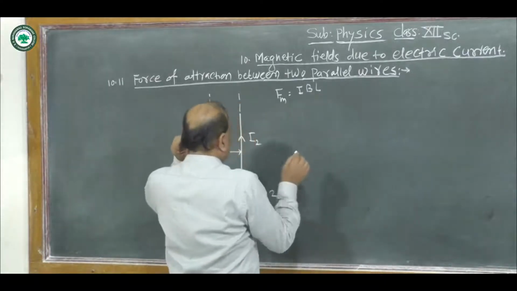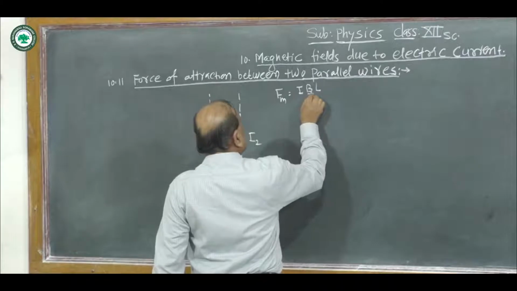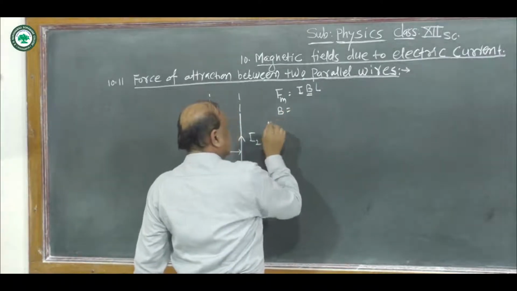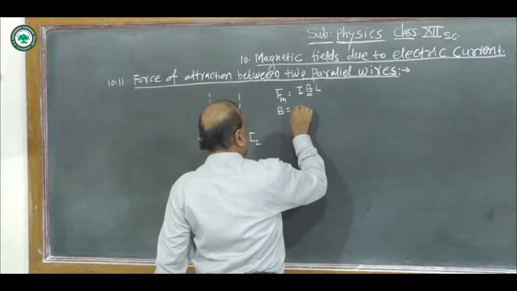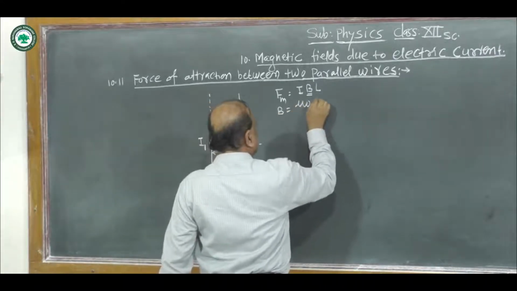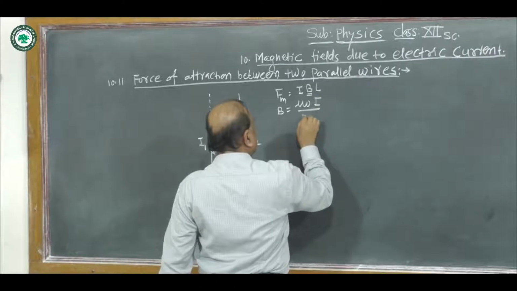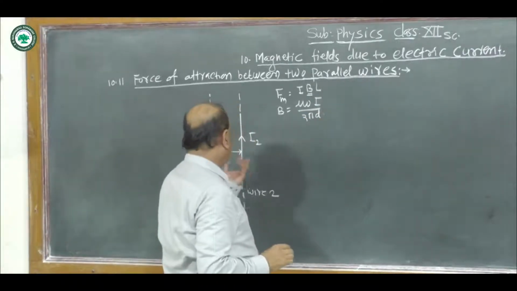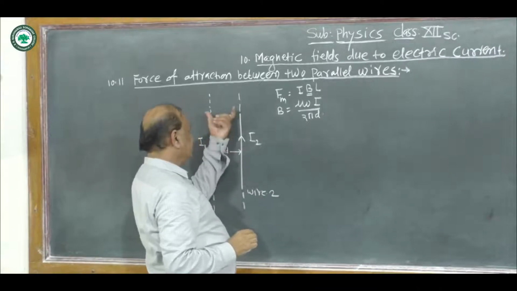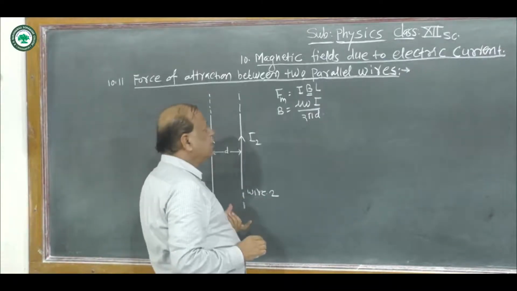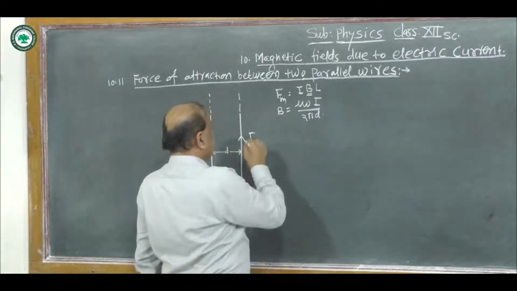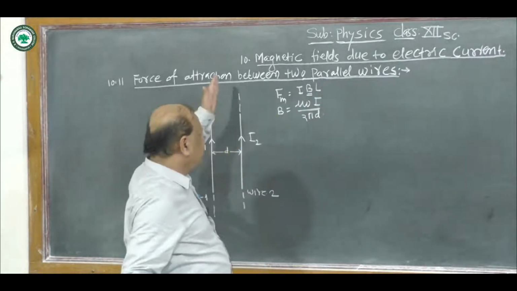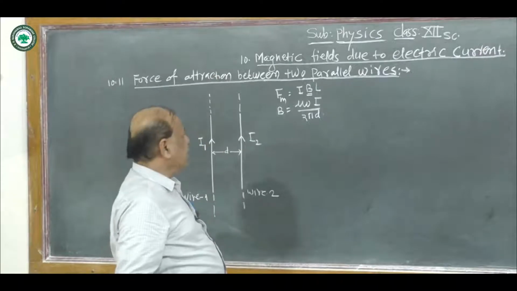Again we use the value of B. In the previous lecture we saw that the value of B, that is the magnetic field, is mu 0 I divided by 2 pi d, where d is the distance between these two conducting wires, and L measures the total length of the conducting wire.